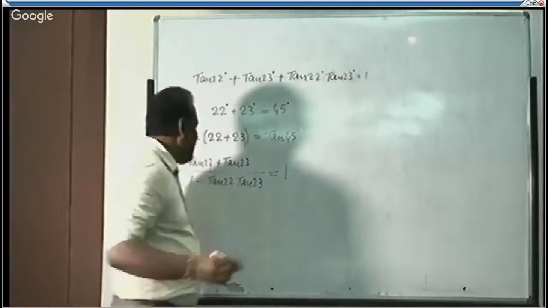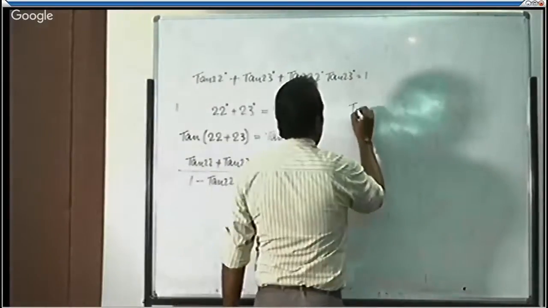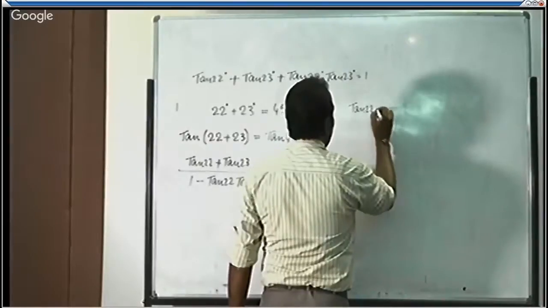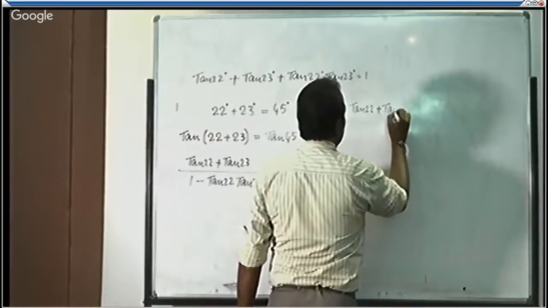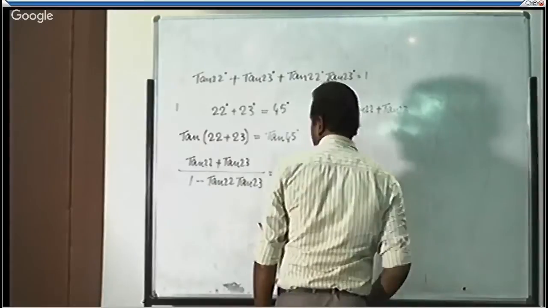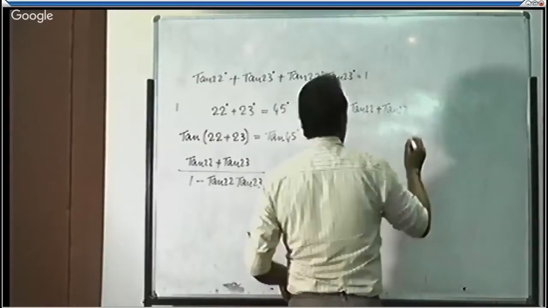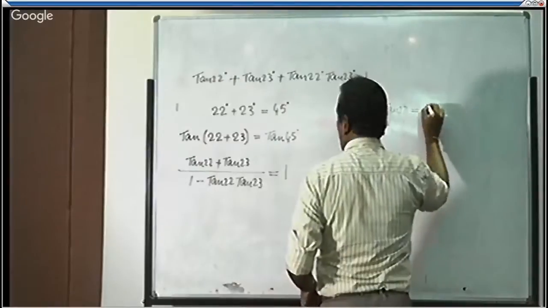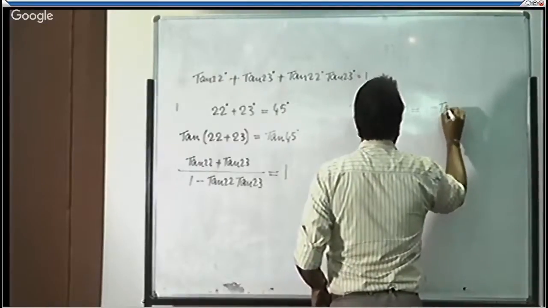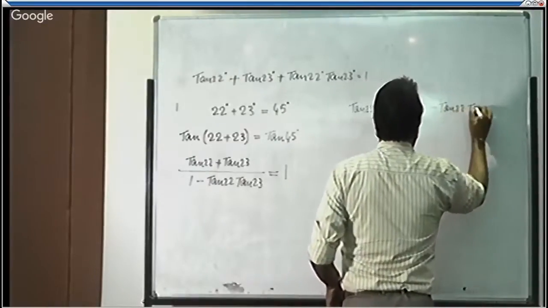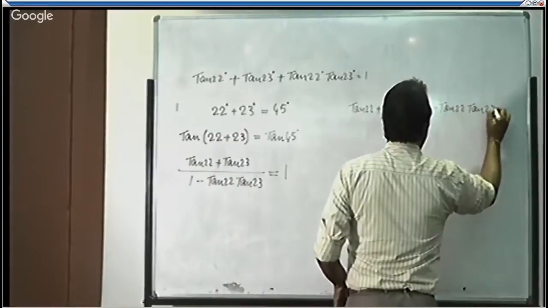Now cross multiply it. Write down the numerator as it is: tan 22 degrees plus tan 23 degrees. If you do the cross multiplication, the denominator comes to the opposite side. It is 1 minus tan 22 degrees into tan 23 degrees.